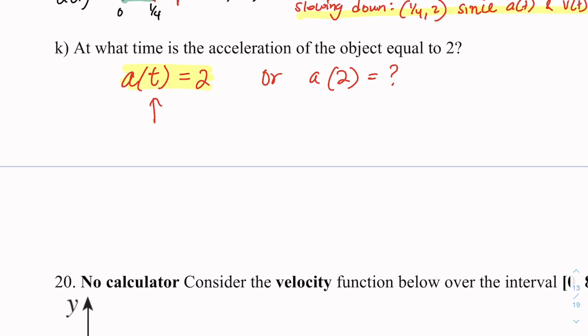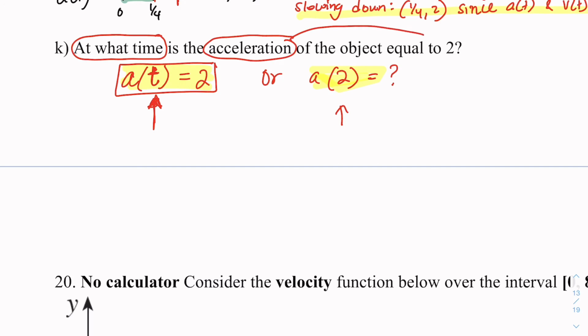Or are we setting up this and solving to see what a is? I hope that you had said we are going to set up the first problem. The reason is because they're saying at what time? At what time means we need to find the value of t.